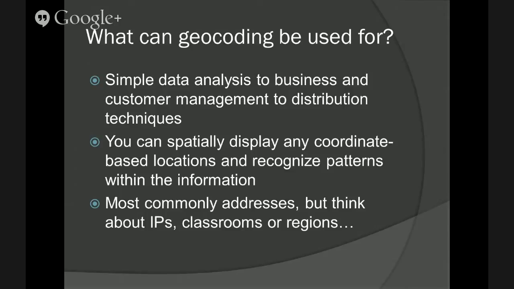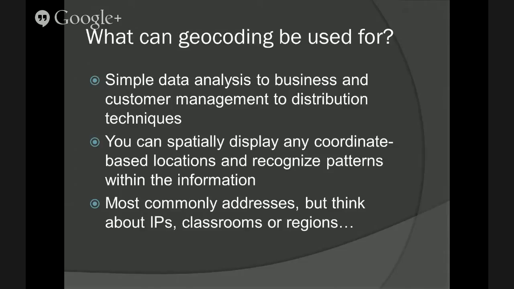And like I said, most commonly this deals with addresses, but we can think outside the box. We know an address for a house, we know what that looks like, but there are many different types of electronic addresses these days as well. Think about an IP for your computer, or maybe even a cell phone, or in a university maybe we could geocode classroom data.